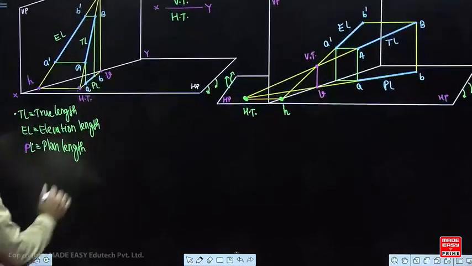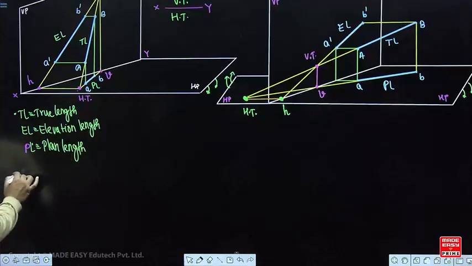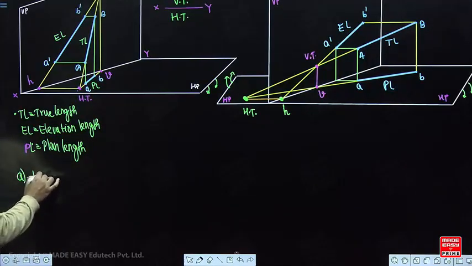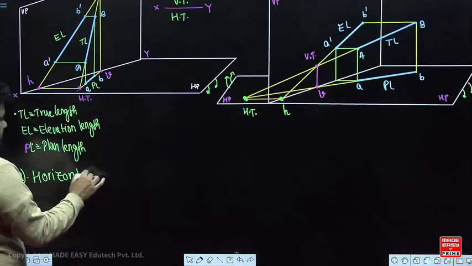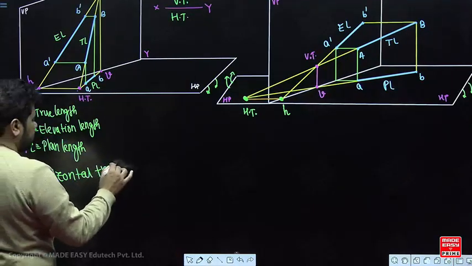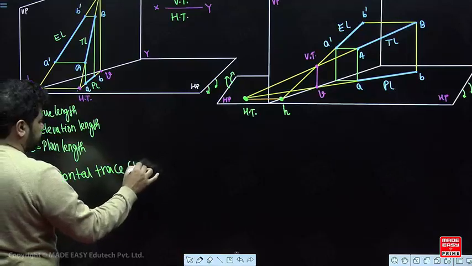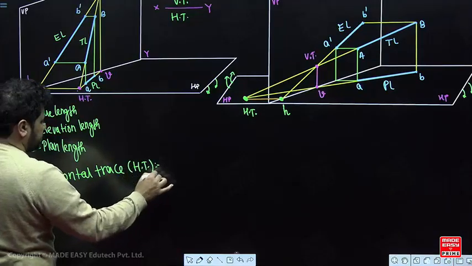Now see. So first we will discuss the horizontal trace. Let us discuss one by one. This is a horizontal trace, HT. Right.